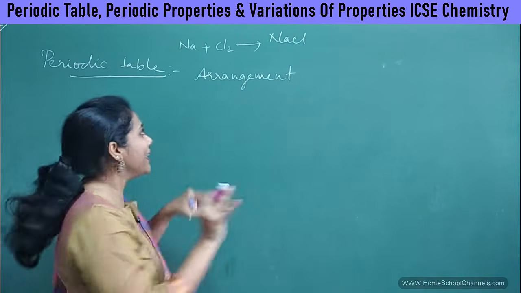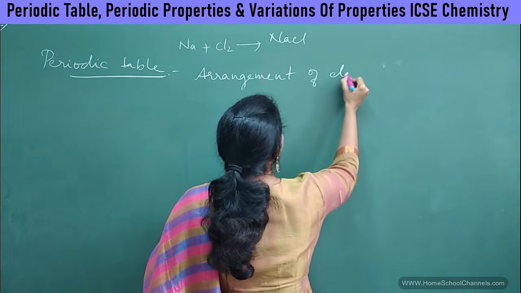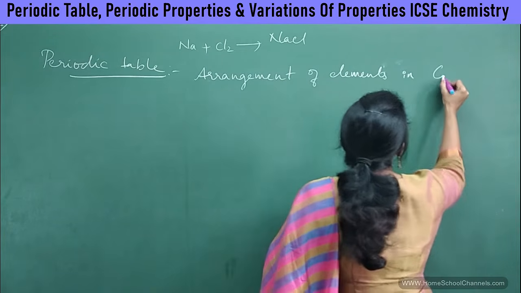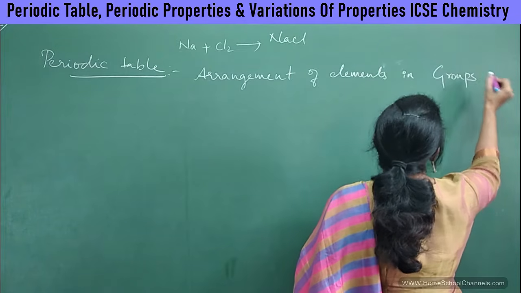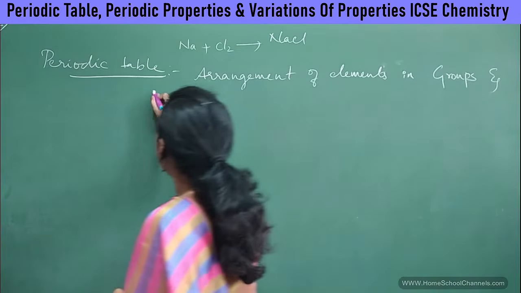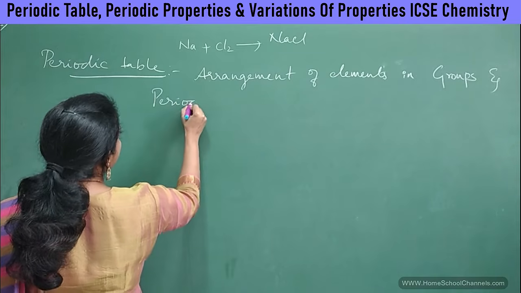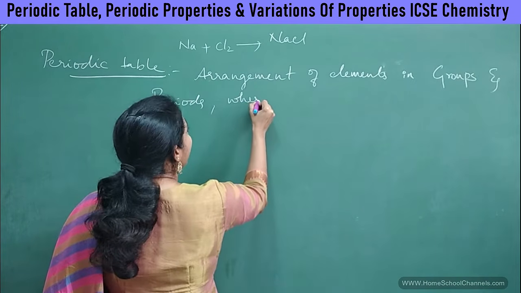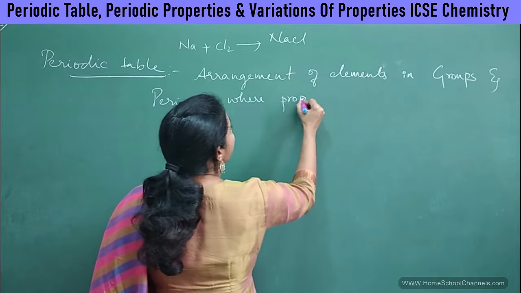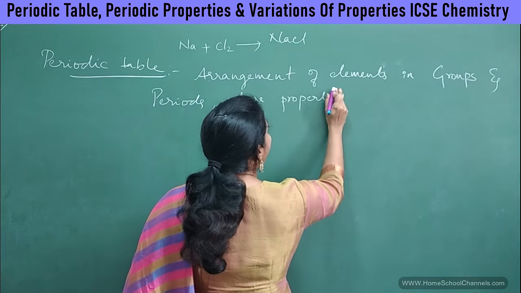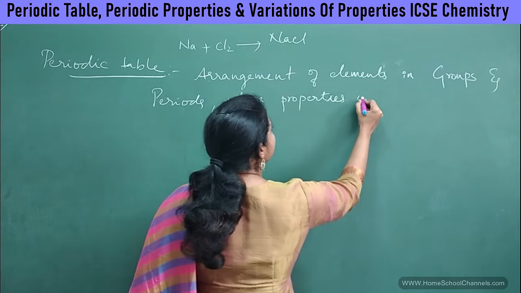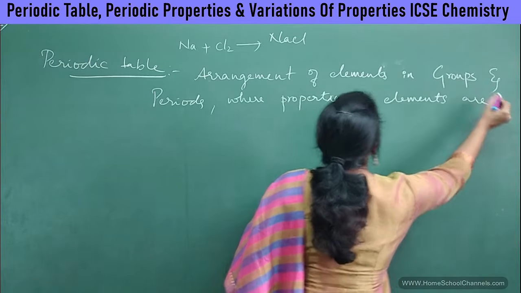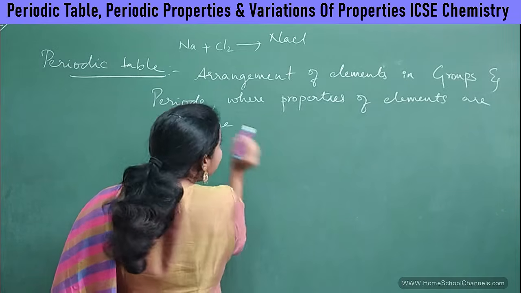Okay, so that arrangement of elements in groups and periods. Okay, groups and periods. I'll tell you what do you mean by groups and periods. Okay, so where the properties of elements are repeated at regular intervals.